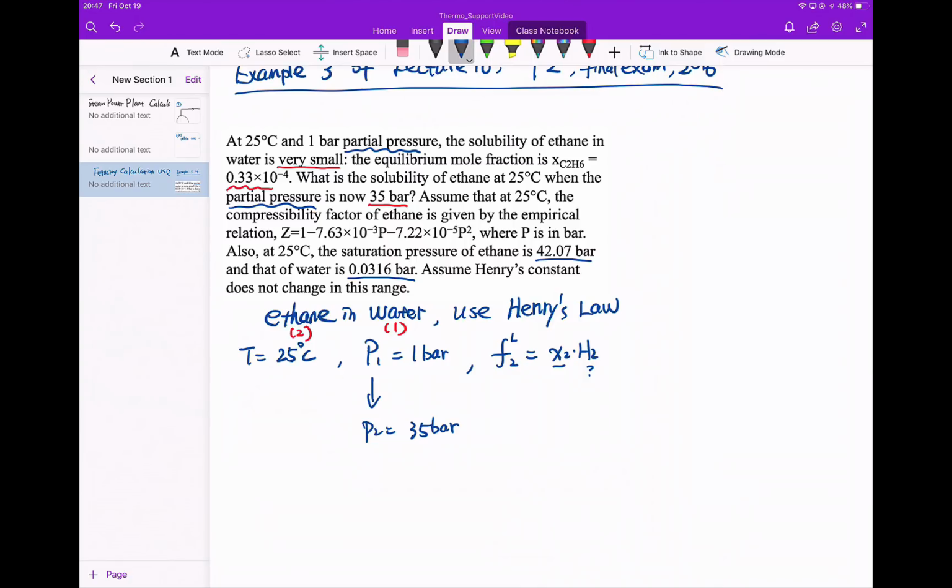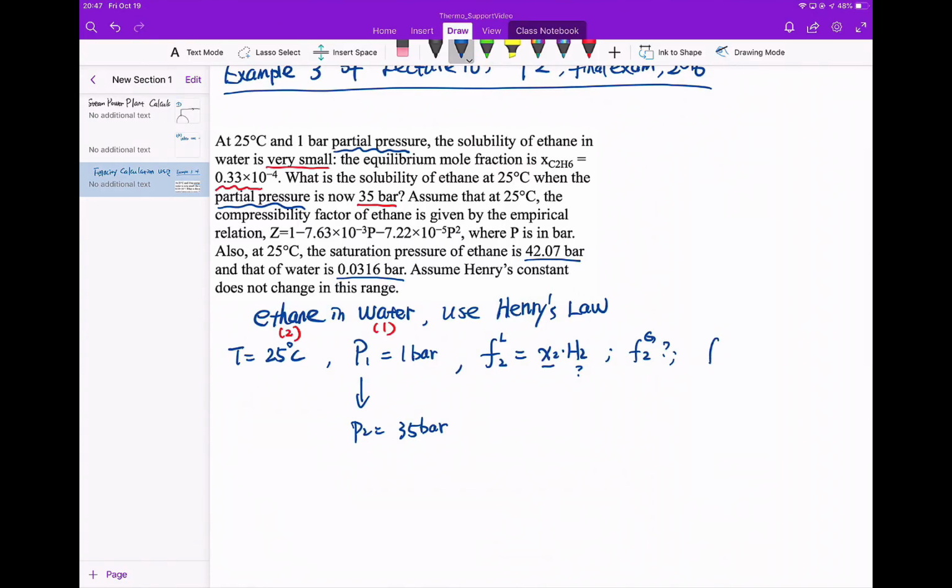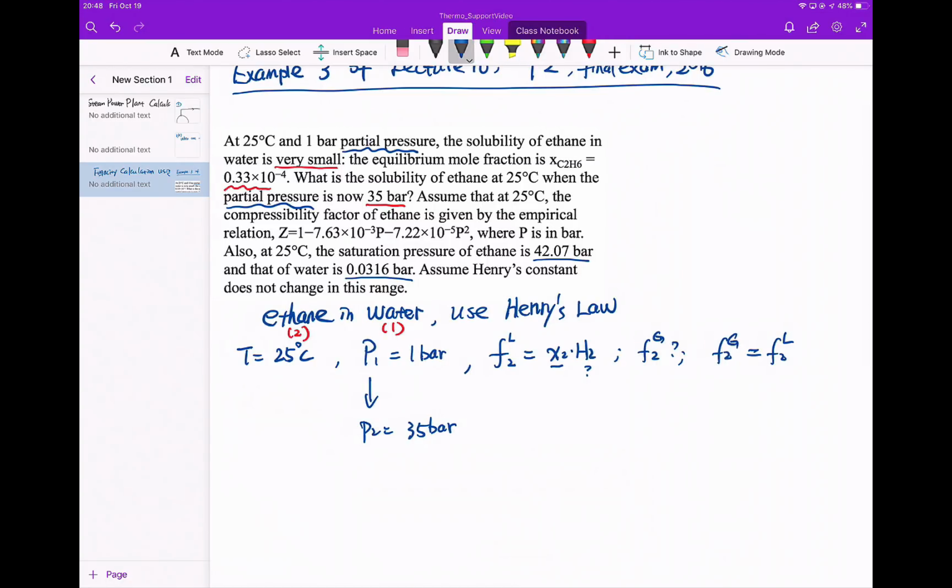But of course we want to ask at this condition what is my corresponding vapor, right? Because I could take advantage of the third equation, which is f2 in the vapor phase is f2 in the liquid phase. And then the temperature stays the same. The pressure is increasing from 1 bar to another higher 35 bar. Now we want to figure out at this new condition f2 of this liquid.